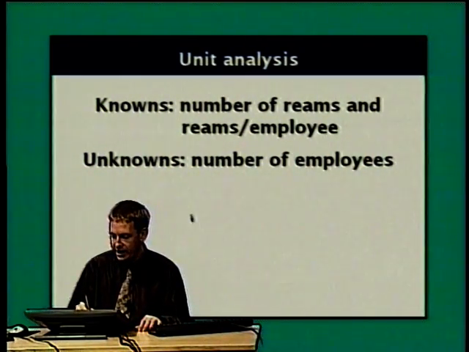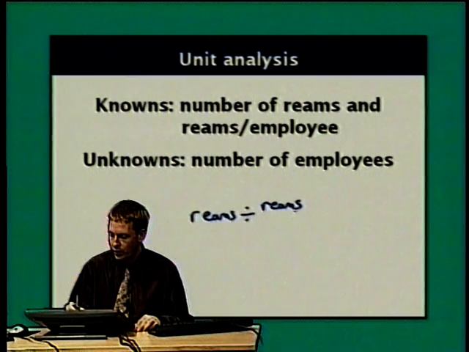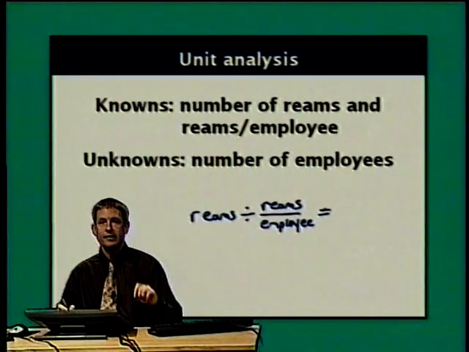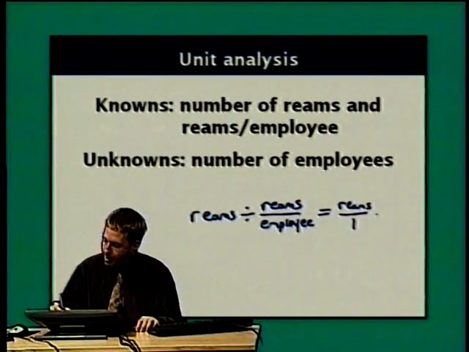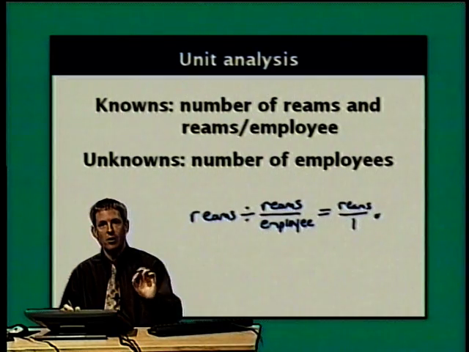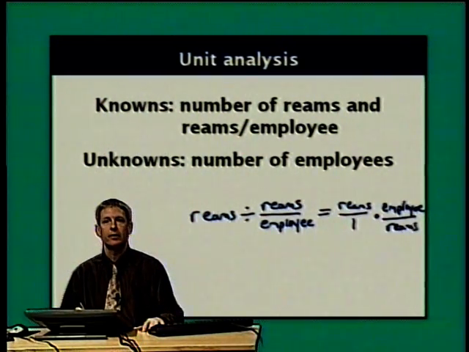If I take reams and I divide by the fraction reams over employees, this is the same as taking the fraction reams over 1 and multiplying by the reciprocal of reams over employee, which is employees over reams.